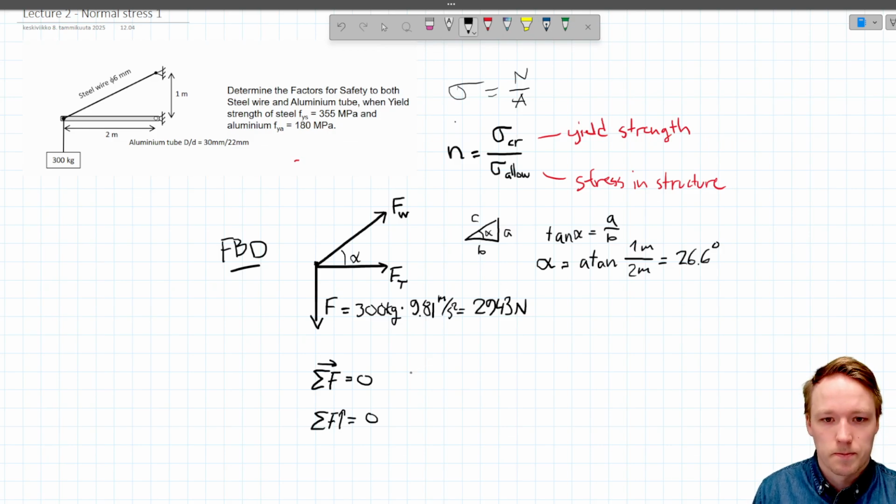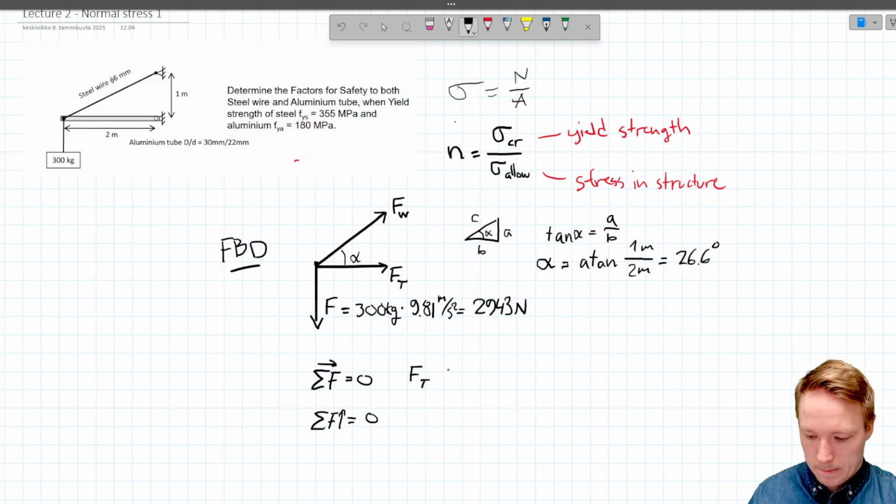In this case, the horizontal forces are Ft, pointing to positive direction, plus Fw multiplied by cosine 26.6.